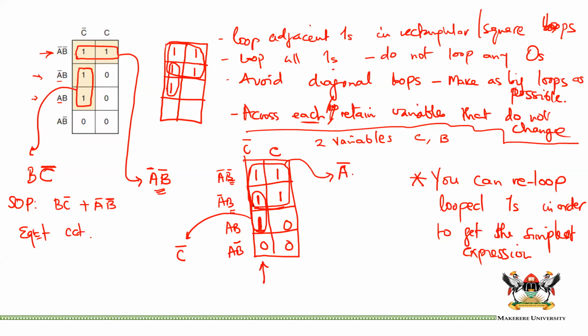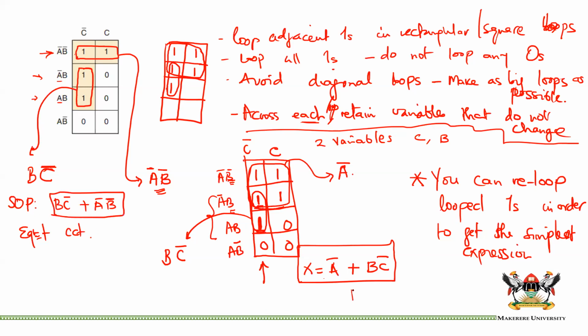The only change is happening on the horizontal side, where we are looking at A inverse B in this position changing to AB, meaning A has changed from A inverse to A, which eliminates it, and we end up with BC. So now our expression here becomes A inverse or BC inverse. Do you see the difference that one has made? Instead of having this, we now have a simpler equation just because we added a 1 somewhere.